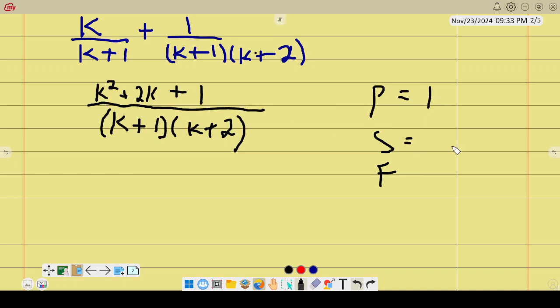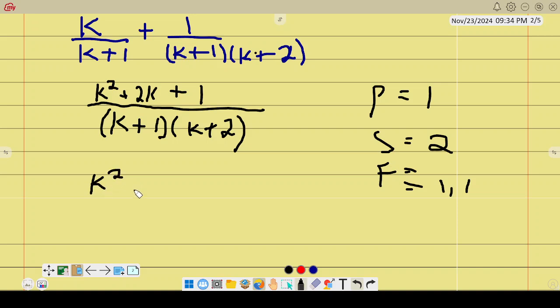The sum is 2. So what numbers can we add together to get 2? I think it's 1. 1 plus 1 is 2. And again, 1 times 1 is just 1. So our factors are 1 and 1.